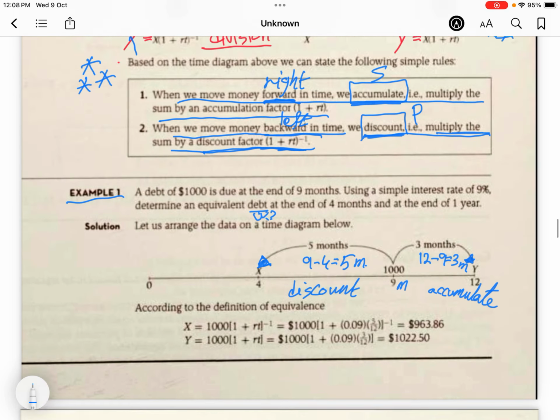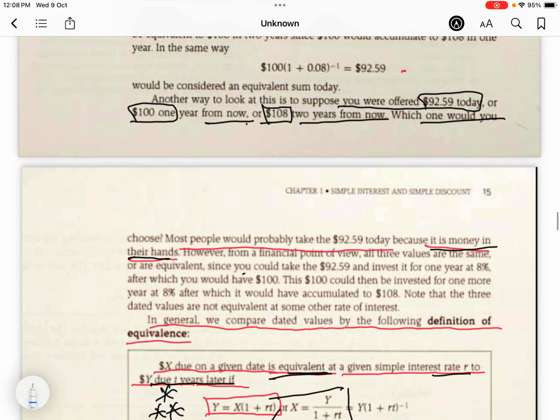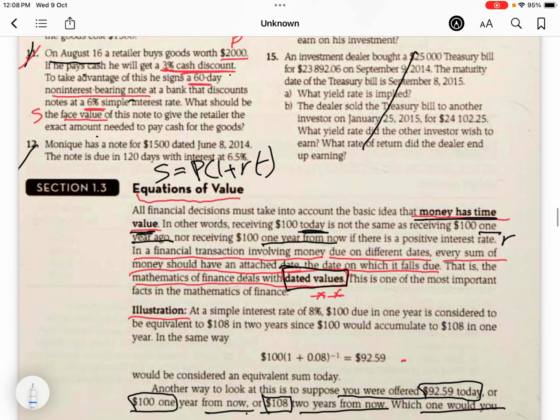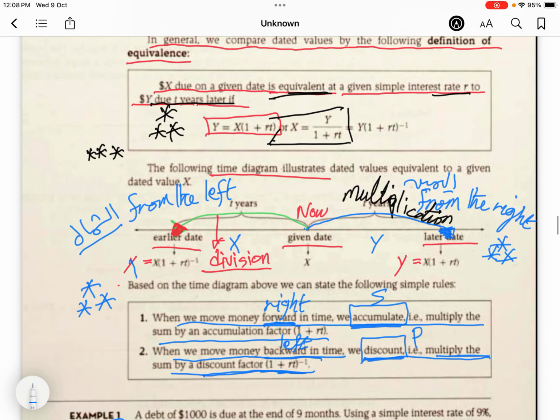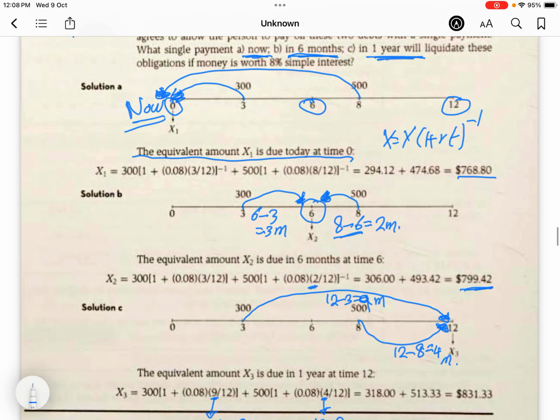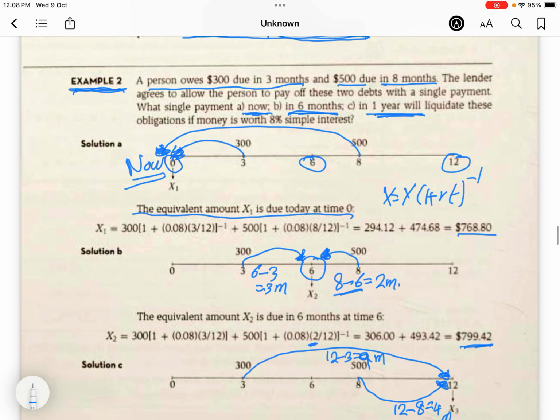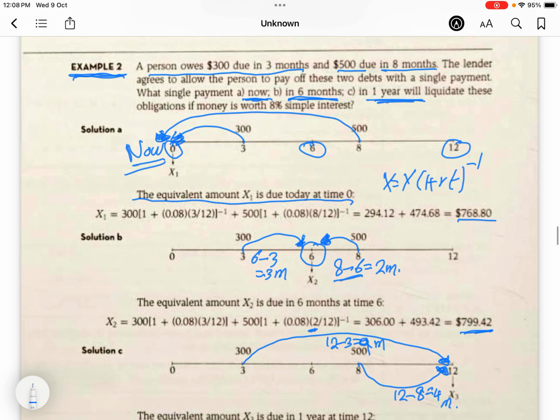We call this the focal date, but we will come back to it after this example. Liquidate these obligations if money is worth 8% simple interest.